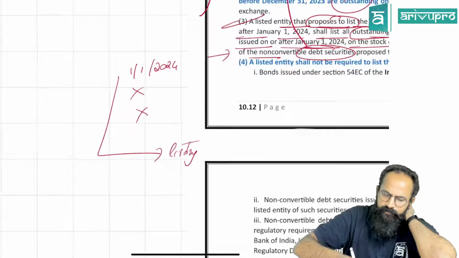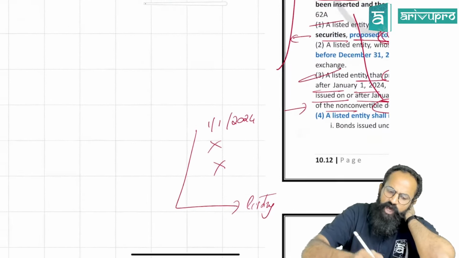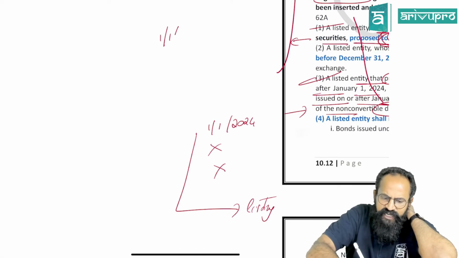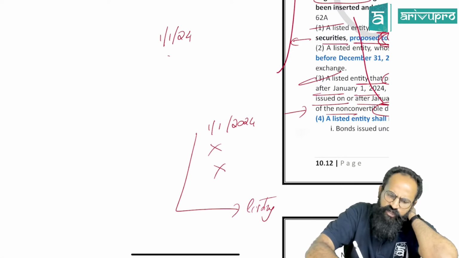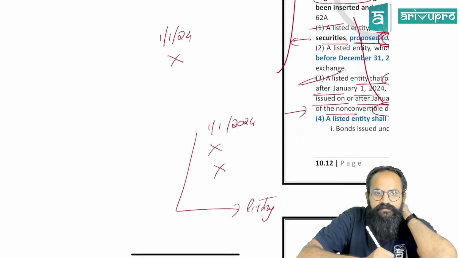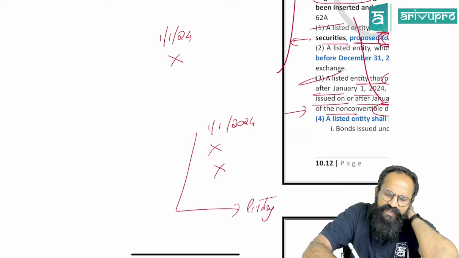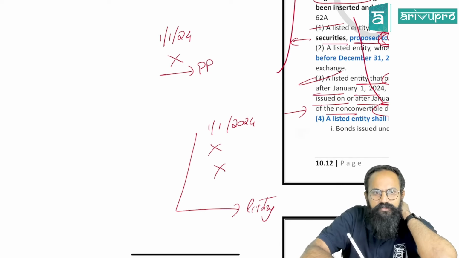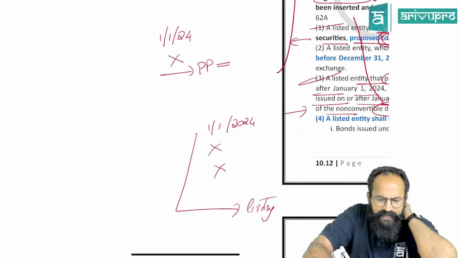What do you mean by that, sir? Imagine, for example, on 1st Jan 2024, none of my securities are listed. Now I decided to issue some non-convertible securities on private placement basis. Should I mandatorily list this?